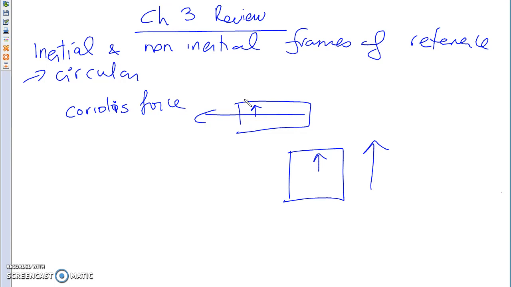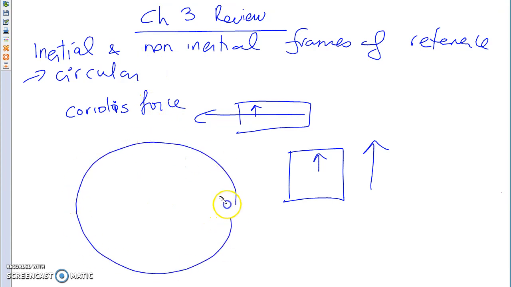However, when we look at this from outside, we know that it is inertia causing this motion. That's why it's called inertial and non-inertial frames of reference. When the laws of inertia are obeyed, it is known as an inertial frame of reference. When the laws of inertia are not obeyed, that is known as a non-inertial frame of reference. So this is what we started with.